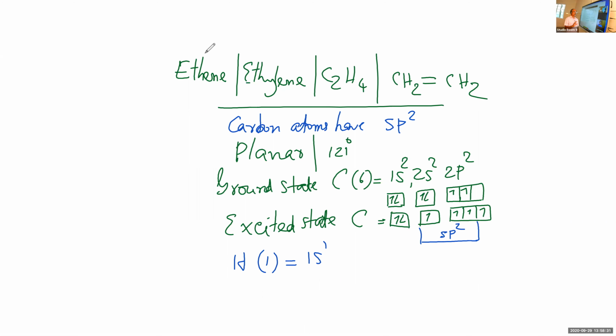And all these sp2 hybrid orbitals will be containing one electron each. But remember, there is one p orbital that is unhybridized. There is one p orbital with a single electron that remains unhybridized. Remember that.